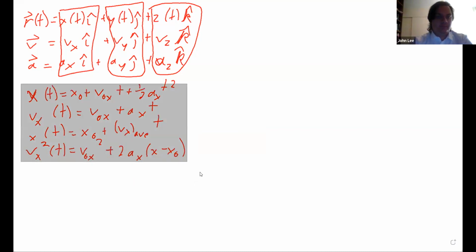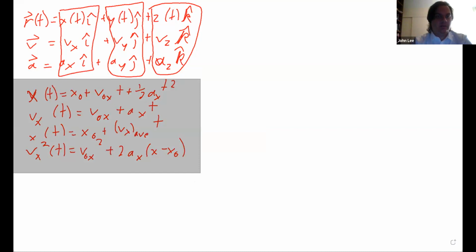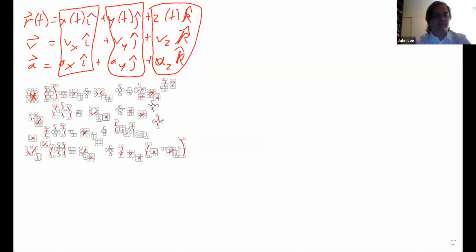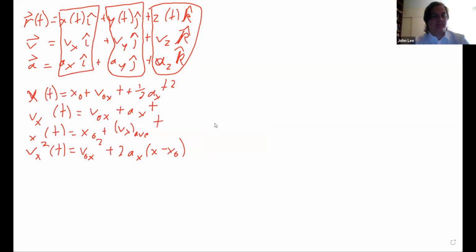What happens is that these are completely independent of the y and z variables. They're only dependent on the x variables. So the velocity in x and the acceleration in x are completely independent of y or z, because it's only telling you about the motion in the i direction.